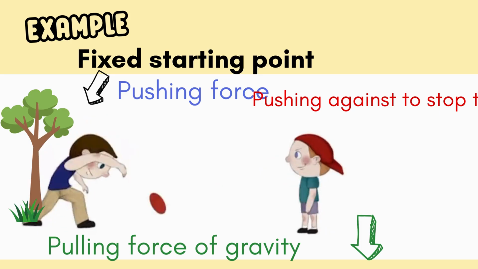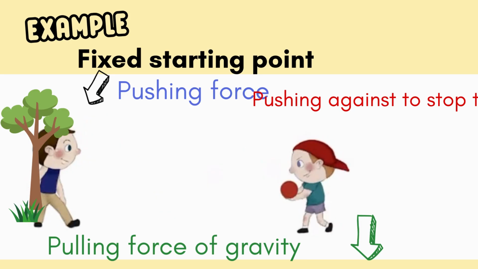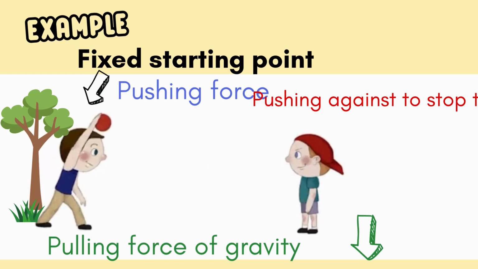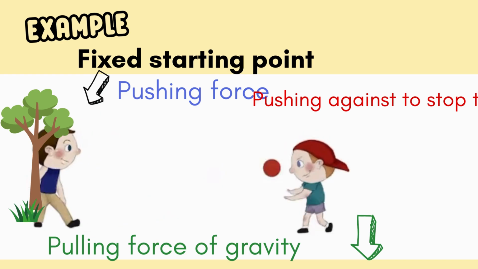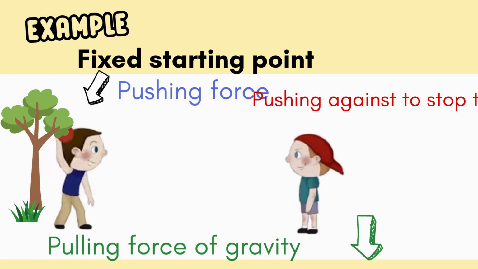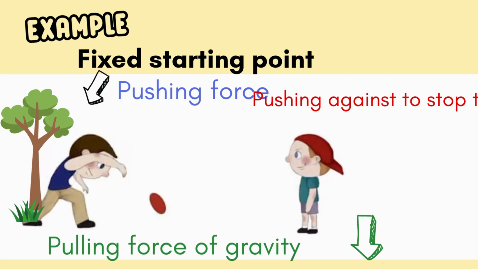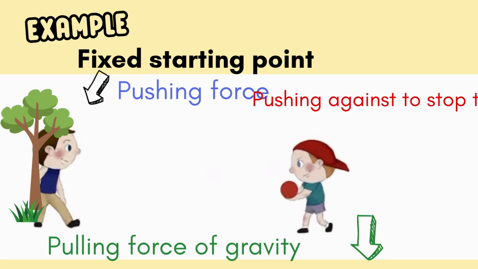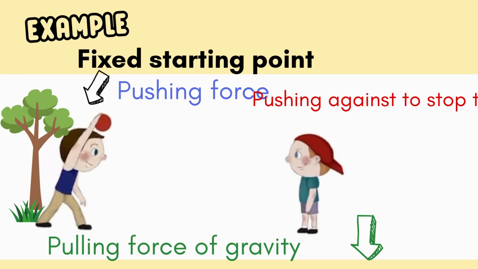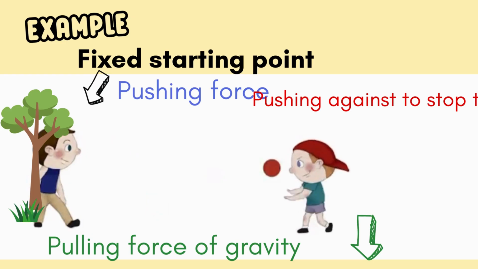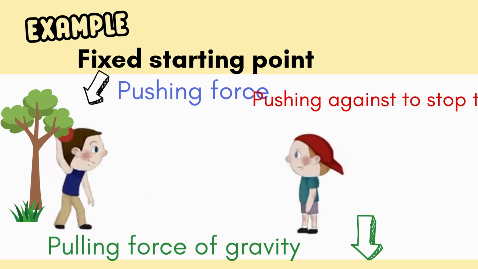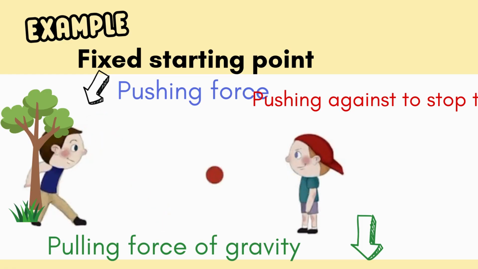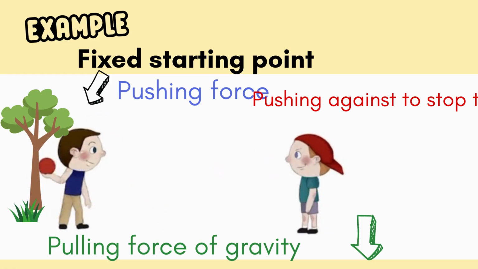And then the second boy pushes against the ball to make it stop. So here it looks like the goalkeeper when he pushes against the ball, because his direction is opposite to the ball, so he is applying a pushing force against the ball.